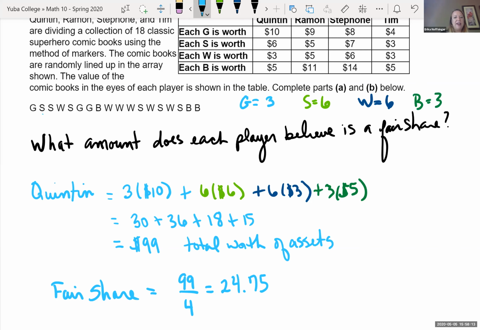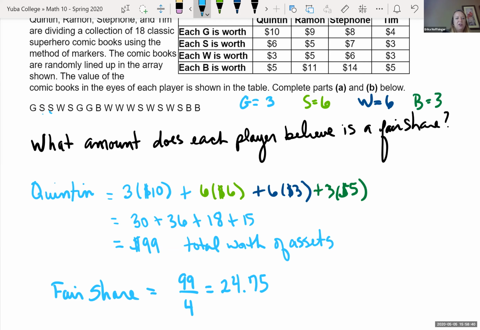If I look at summing the first comic book, which is G, that's $10. Plus the second comic book, which is S, that's $6. So far, that's $16. He has another S in here, so that's another $6. That's $22. So I'm getting pretty close. If I add the next book, which is W, that's $3.